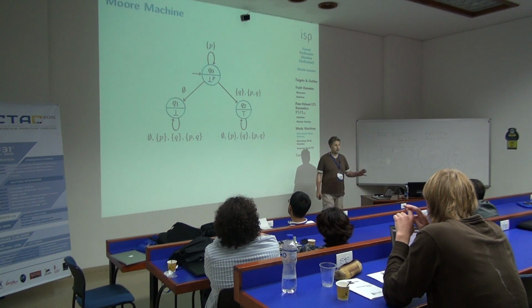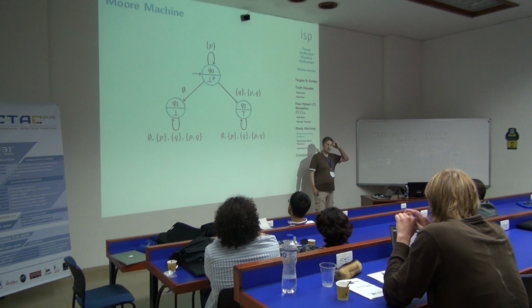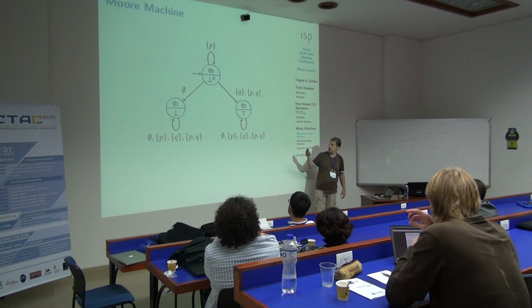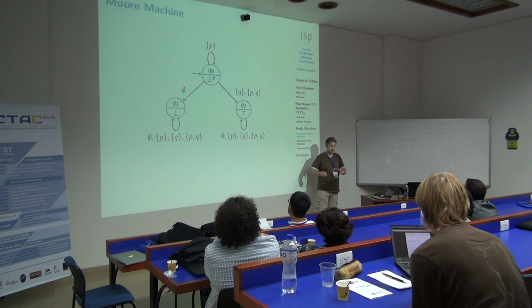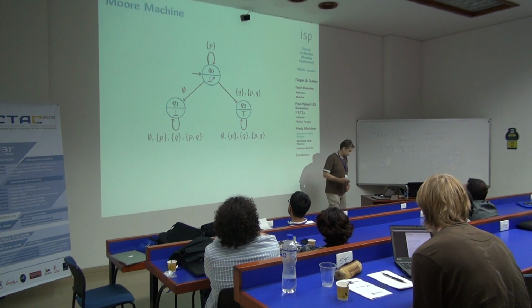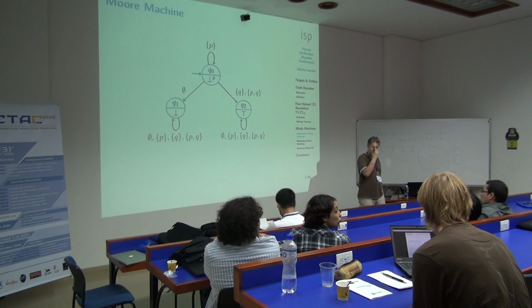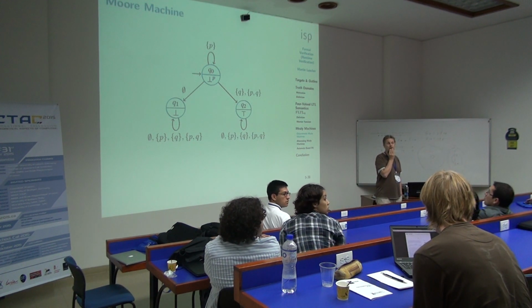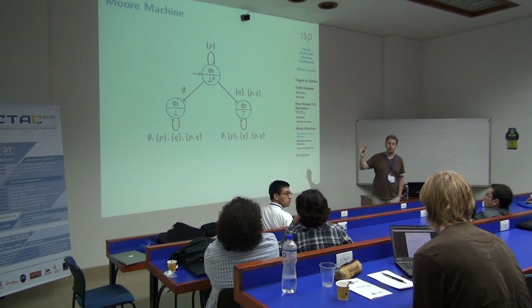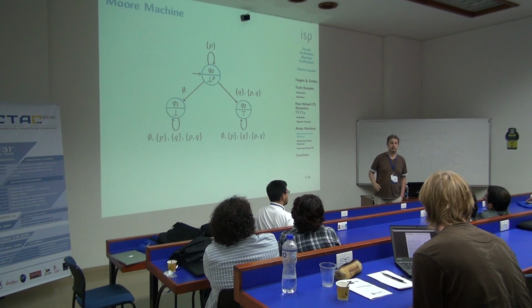So that's a Moore machine. A Moore machine outputs a value at the state. When we enter the state, we output the corresponding value. Yes? So does that mean that we need semantics for the empty word here? No, we are not using Moore machines today.